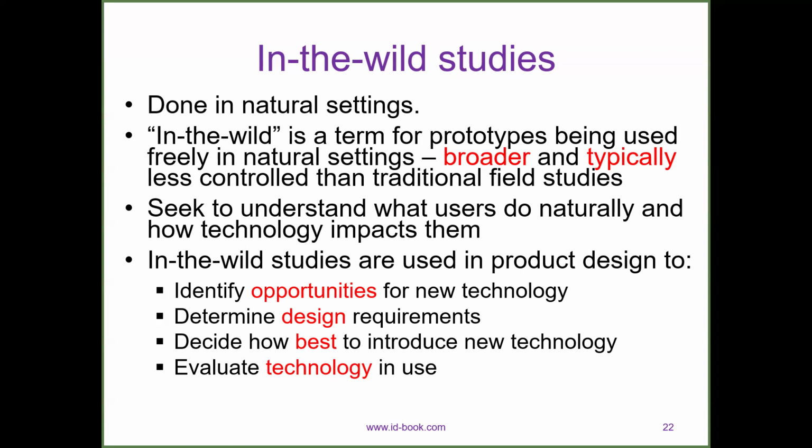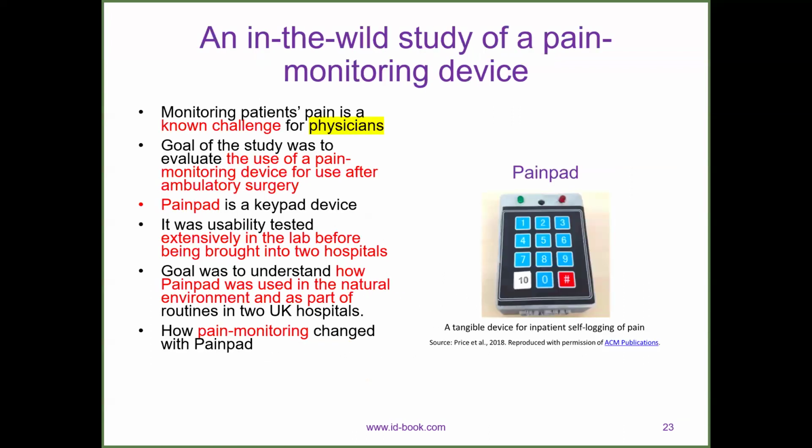The advantage of carrying out in the wild studies is that it empowers evaluators to identify new opportunities for new technology. It also helps them determine design requirements, decide how best to introduce new technology, and evaluate technology in use.